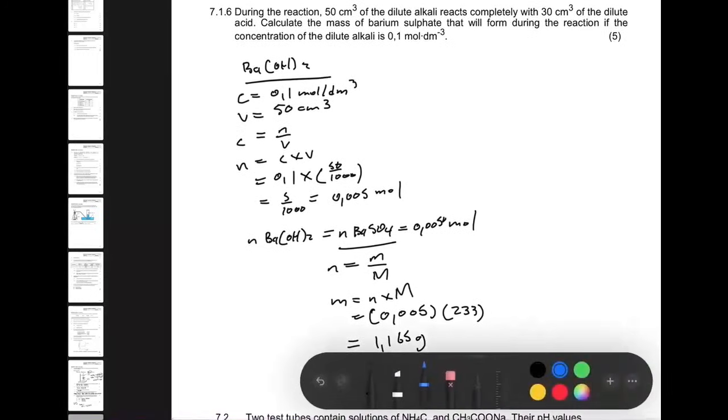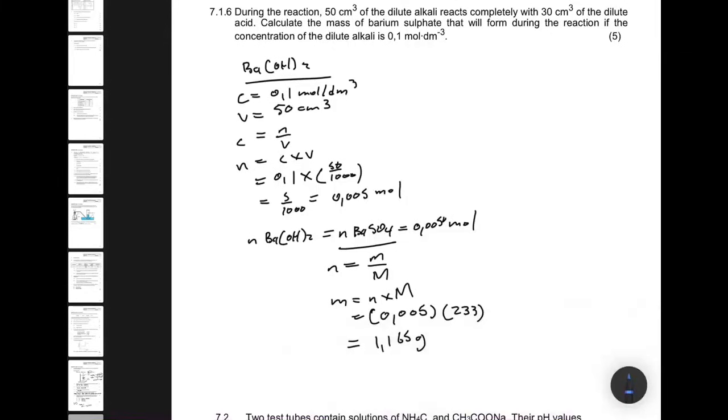Let's just recap for the last time. We're given the concentration and the volume of the dilute alkali, or barium hydroxide, right, which was used, and then we figured out that it's our limiting reactant, right, because we are told that it reacts completely.